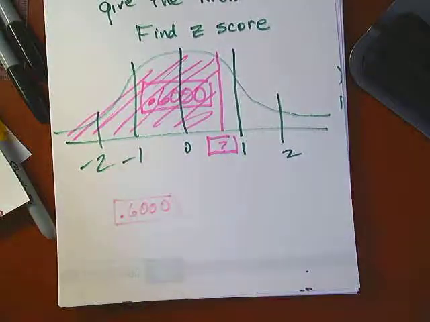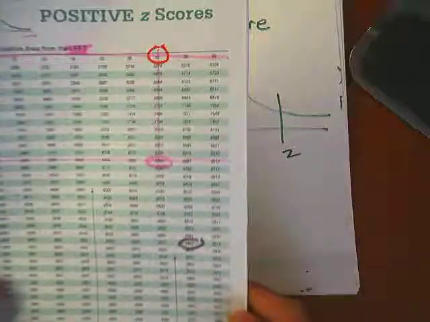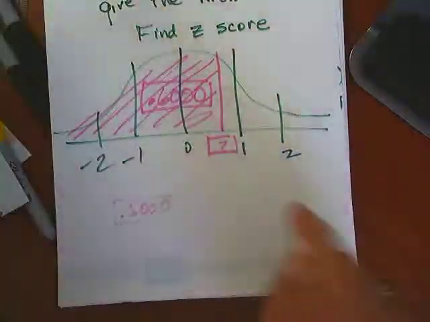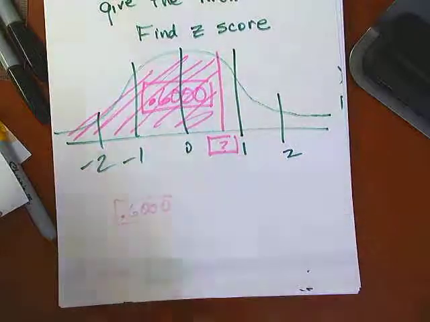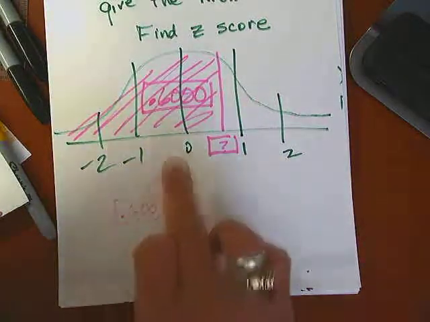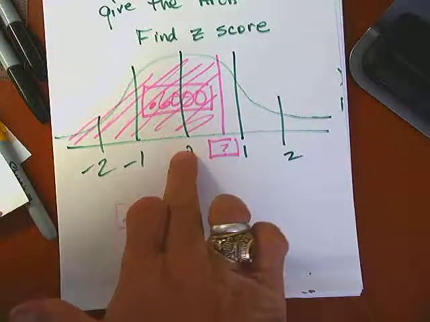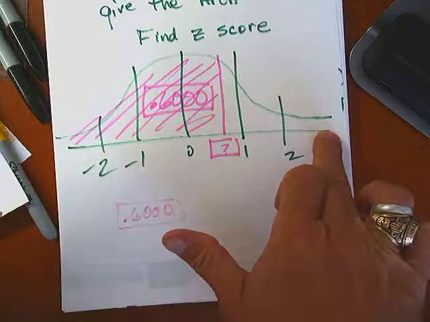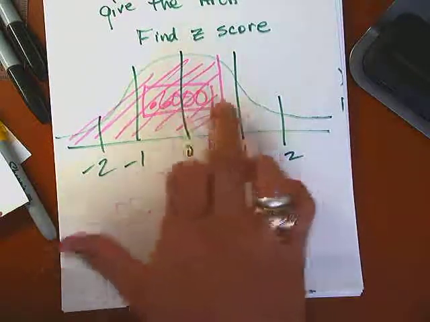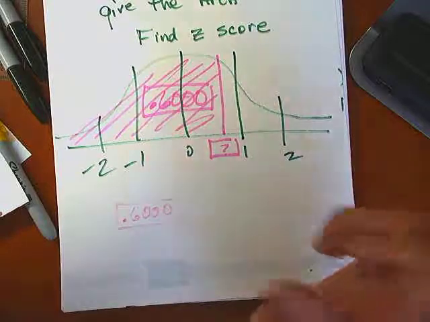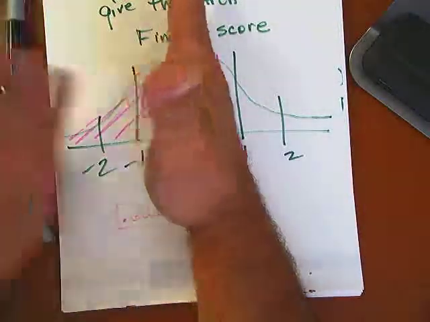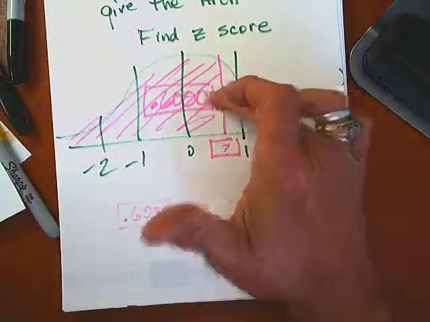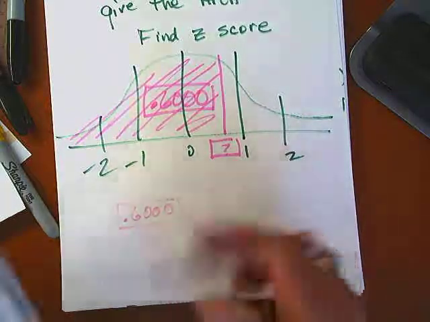They may say, okay, you are doing something in a company and you want to know what reading. This is 0, this is 6.2, -1, -2, 1, 2.